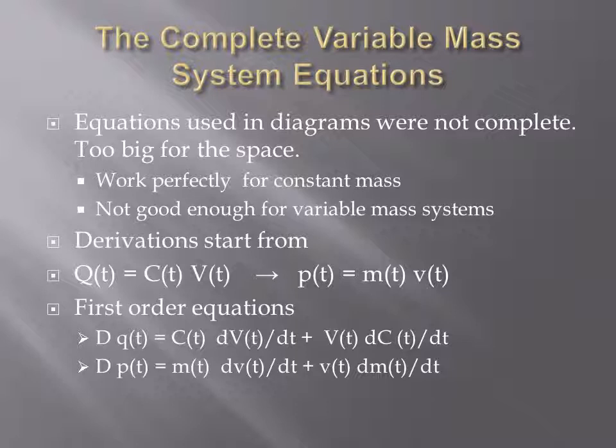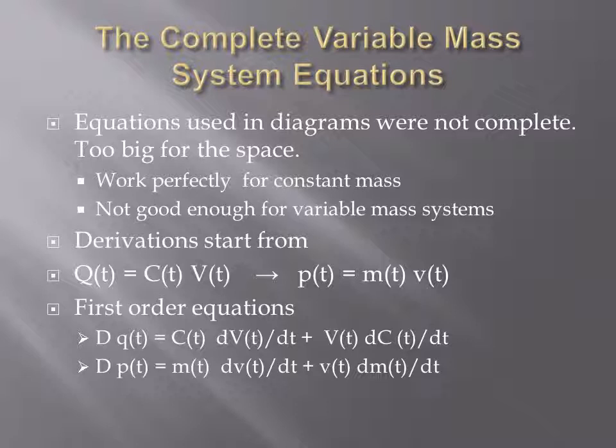The first order equations appear as thus. We take the derivative of charge, and that will equal C of t times the derivative of voltage with respect to time, plus V of t times the derivative of capacitance with respect to time. So we see that we have two terms, unlike the one-term version that we gave in the earlier lessons.